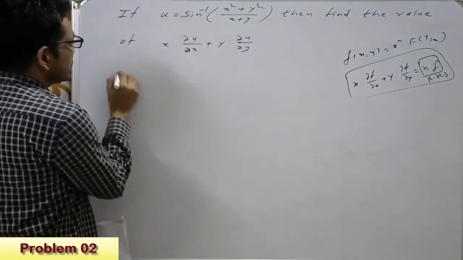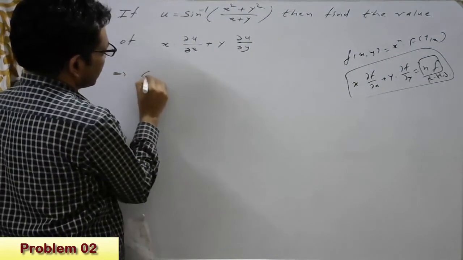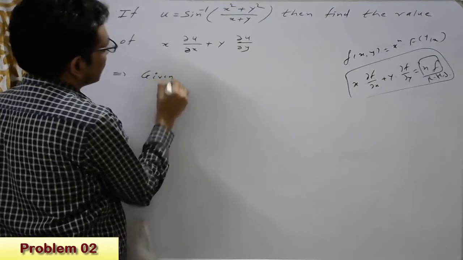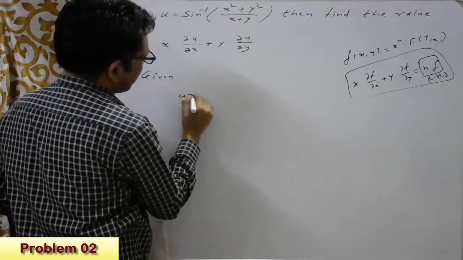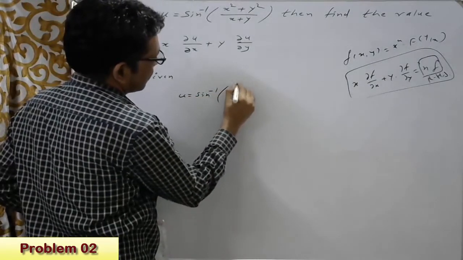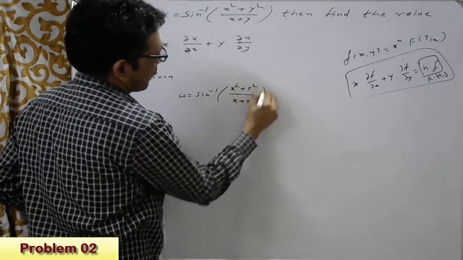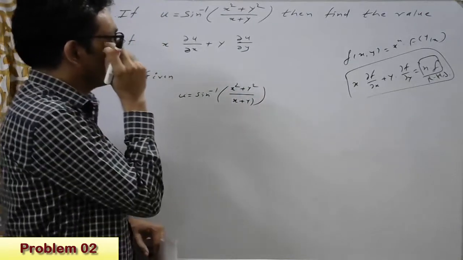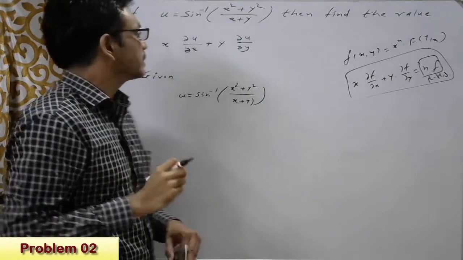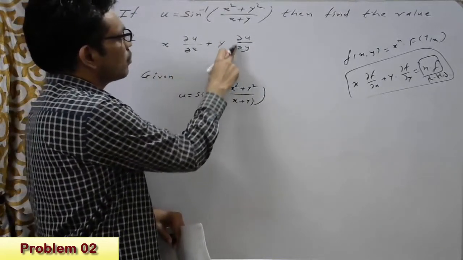So first, the given equation is u is equal to sine inverse of (x square plus y square) divided by (x plus y). We have to find the value of x into del u by del x plus y into del u by del y.